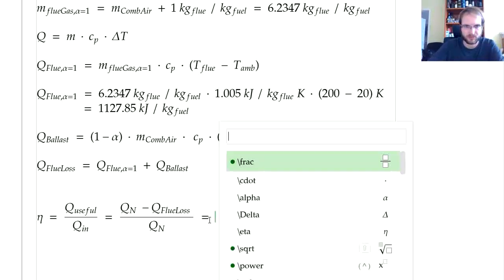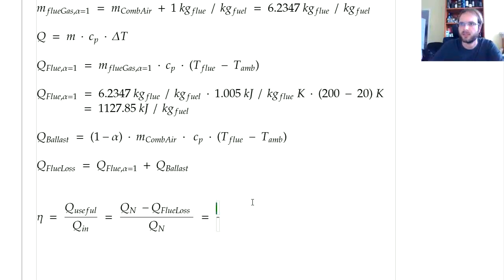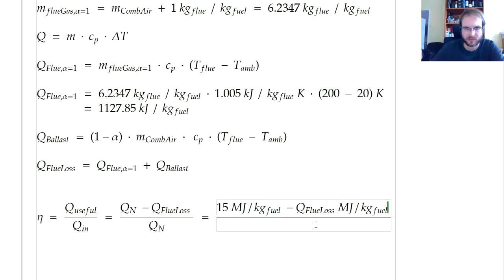It would be the lower heating value being 15 megajoules per kilogram of the fuel, minus the Q stack, or generally all the losses, which we will also need to calculate in megajoules per kilogram of the fuel, divided by the heat input, which you already have here.